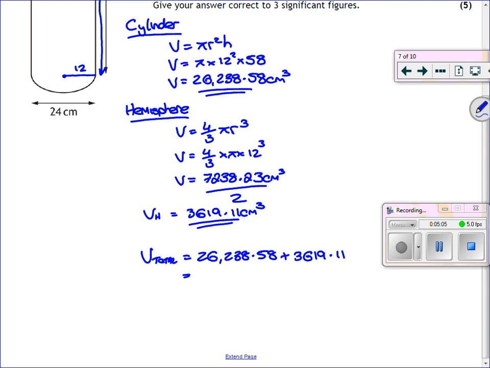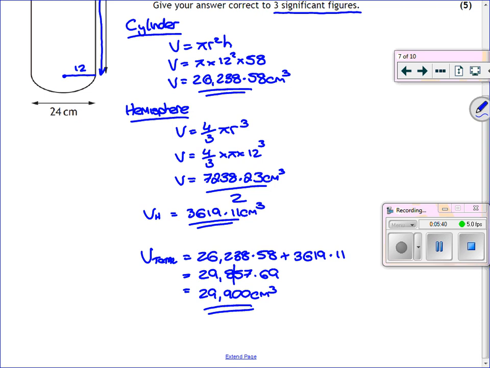If we then add that up, we get 29,857.69. This is wanting us to round it to 3 significant figures. So chop a number off here. That's going to be 29,900 cubic centimetres.